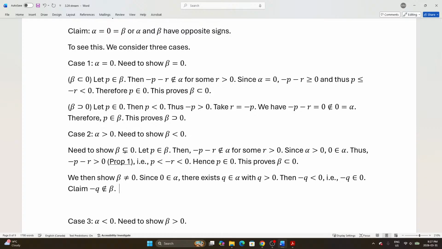For if minus q is in beta, we try to deduce a contradiction. There would exist r positive such that the negative of minus q, which is just q, minus r is not in alpha.